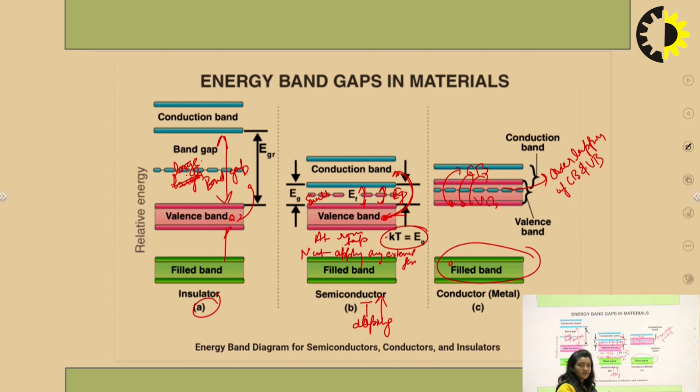If it gets the energy, then the conduction band gets a free electron. Now that a free electron is possible, the flow of charge, the flow of electrons, is possible. As the flow of electrons is possible, it allows current to flow through them.